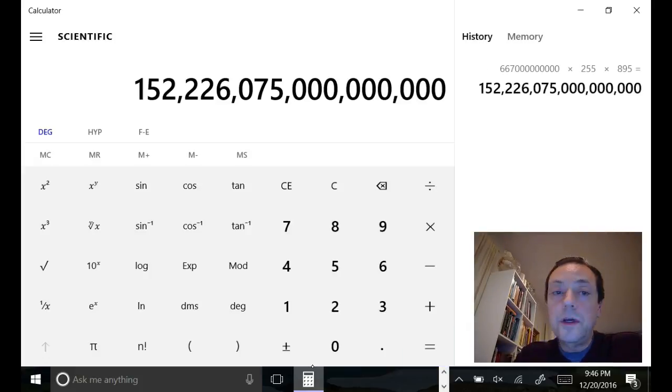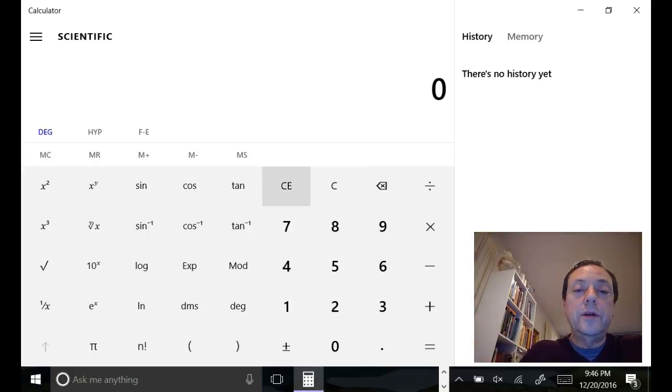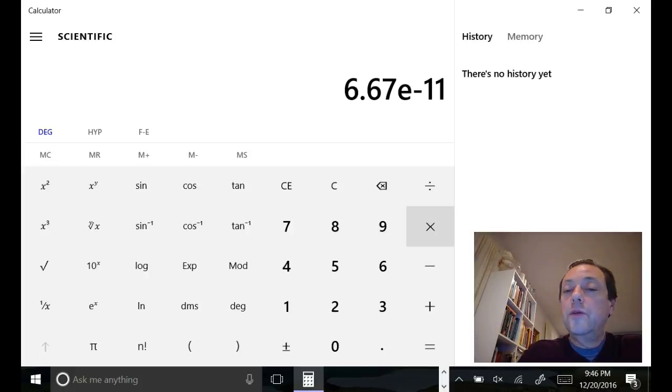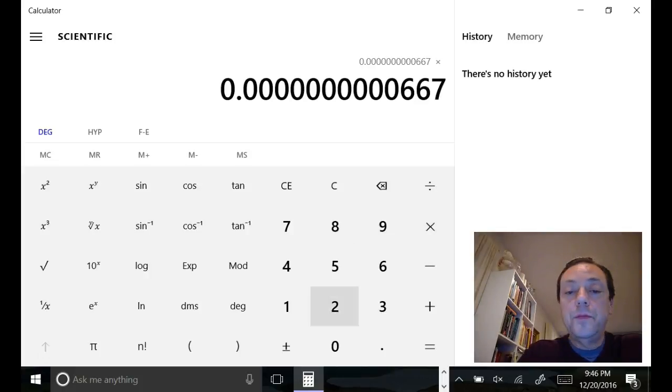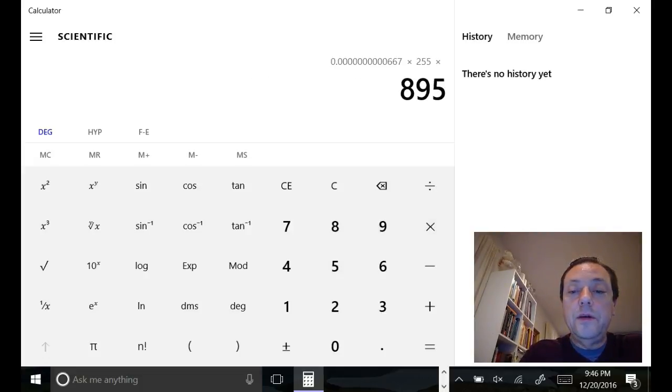Okay, so we've got, oh, that's a problem. Okay, I know what I did. I forgot my negative exponent. 6.67 exponent minus, that's what happened last time. Okay, now times 255 times 895 equals.